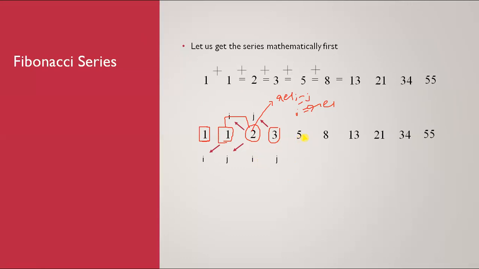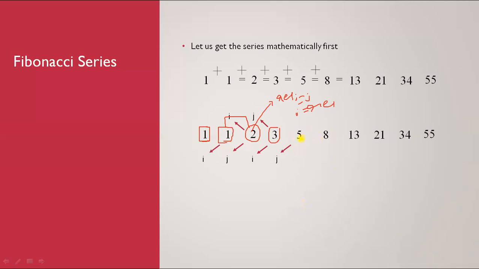The summation of 2 and 3 is equal to 5. After that, if we want to get the next series, again we need to swap the two numbers, that is, assigning the resultant value to J and the J value to I. So first we need to assign the J value to I and then the resultant value to J. The reason behind that is if we first write J equals resultant, obviously the value that is present in J would be lost, right?